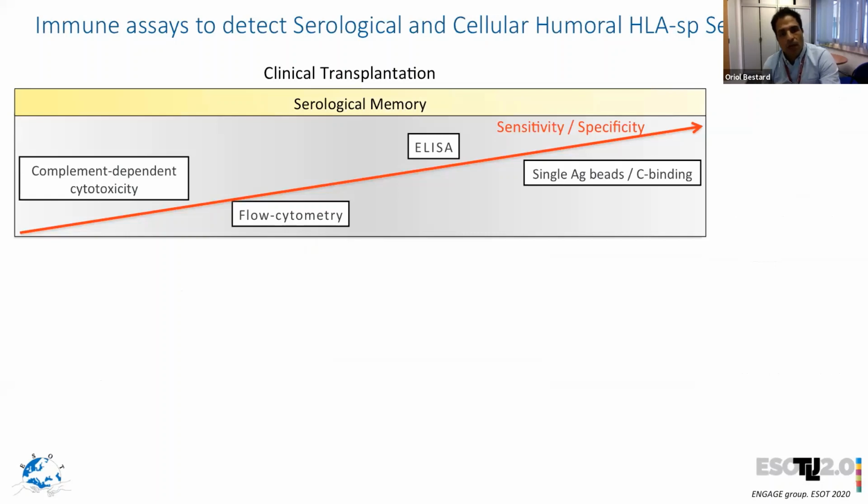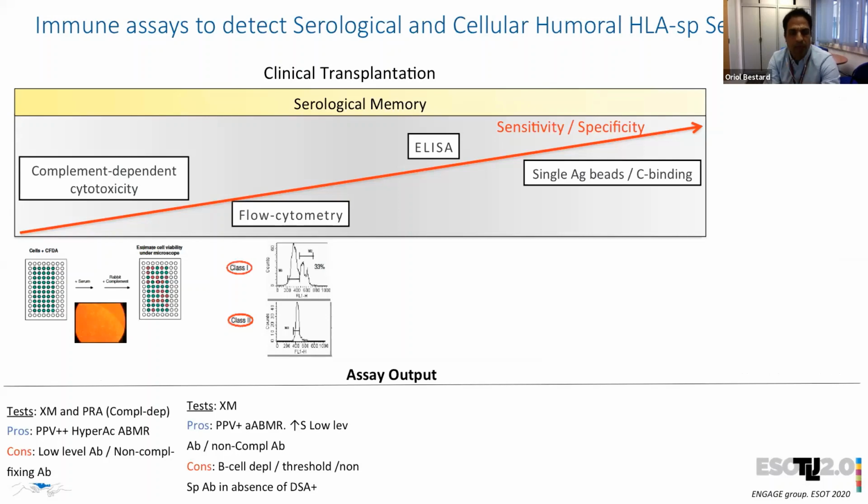And as you all know, we have a plethora of assays that are capable of very sensitively tracking the presence of serological memory, so antibodies, as you can see here. They can be divided into those that need donor cells, such as the complement-dependent cytotoxicity or the flow cytometry, which test a direct donor-specific cross-match. And we know there are pros and cons of each of them.